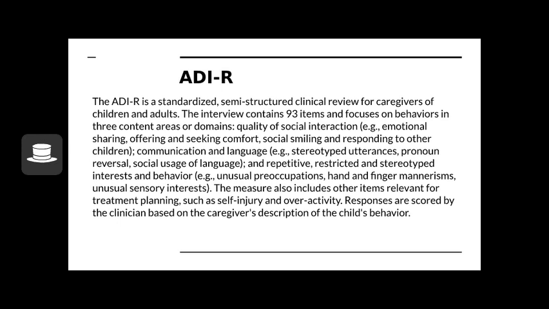So this falls into social skills, communication and language, and then repetitive, restrictive, or stereotypical interests or behaviors. The information that is presented also can be used for treatment planning. So this can help us discover if a child has overactivity or self-injurious behavior, which would need to be addressed in a child's program.